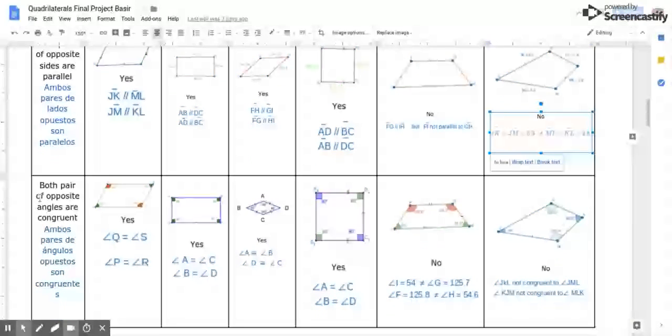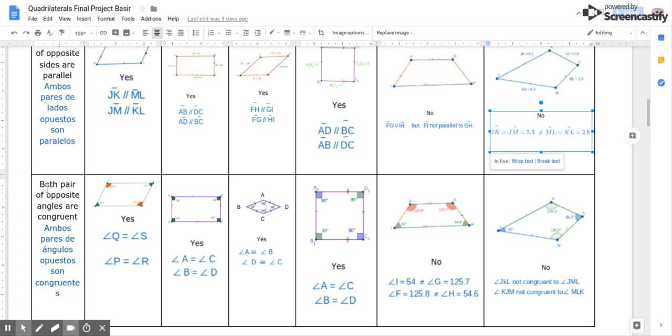So the other statement says both pairs of opposite angles are congruent. For example, a rectangle has all angles 90 degrees, so the opposite angles are congruent.